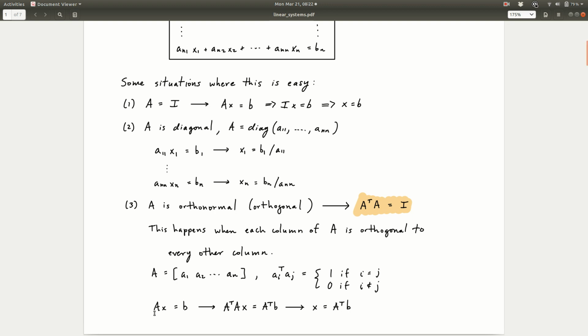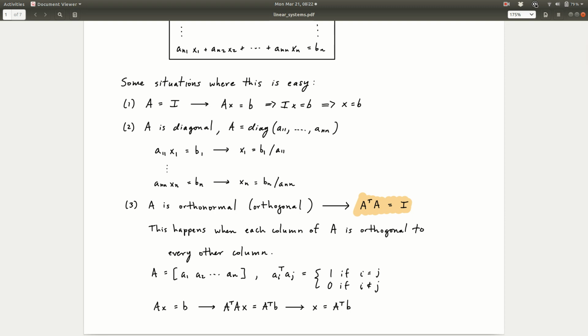So if we want to solve Ax equals b, this is really simple. We just multiply both sides on the left by A transpose. So you get A transpose A x equals A transpose b. And by the orthonormal property, A transpose A is the identity, so this part goes away, and you just get x equals A transpose b.